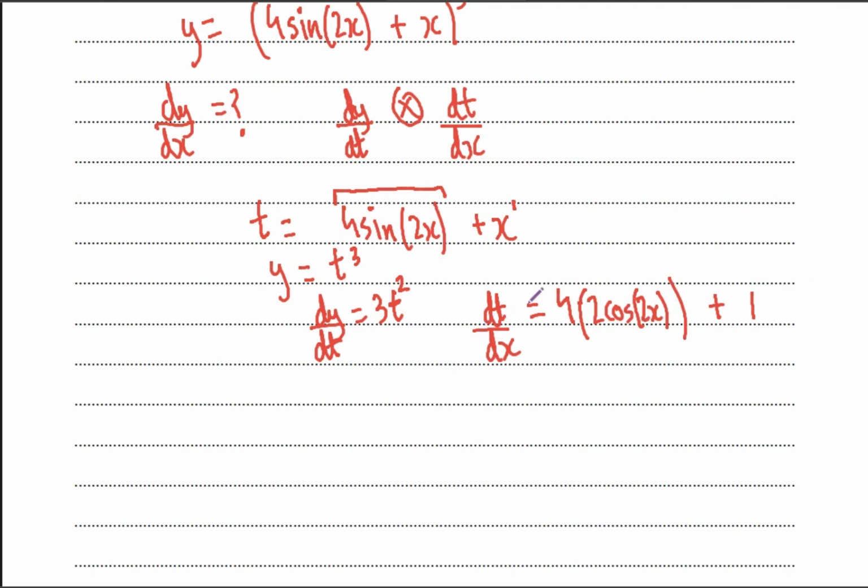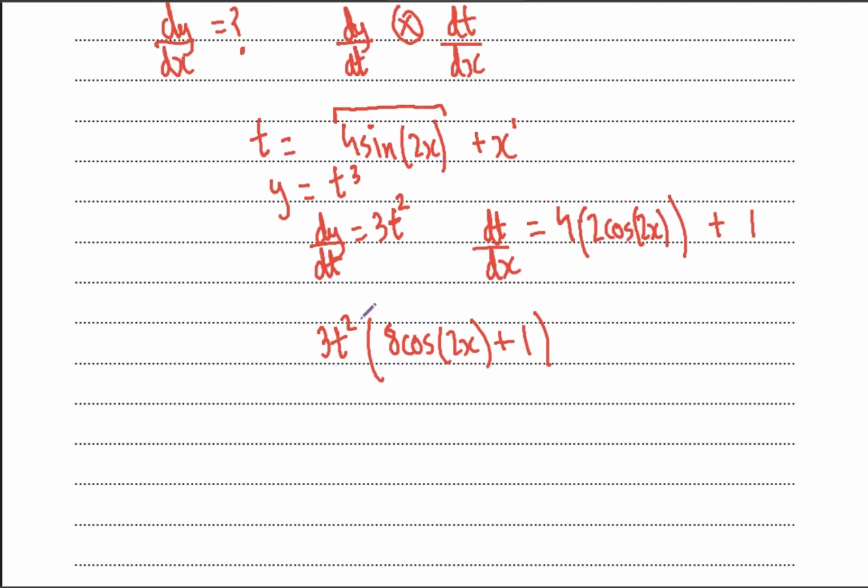We have dt by dx, and we have dy by dt. Now we multiply them together. So now we have 3 times t squared times this whole thing. So you have 8 cos 2x plus 1.